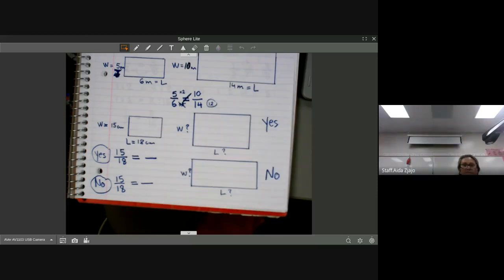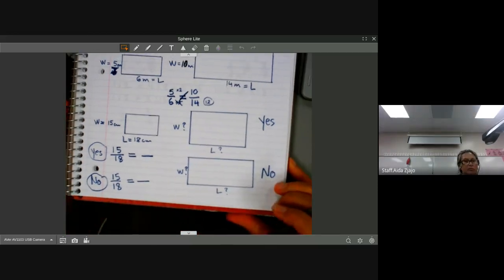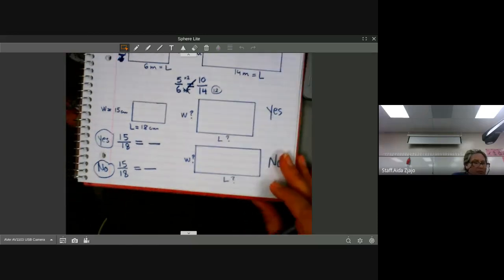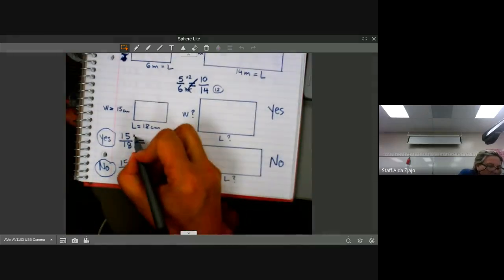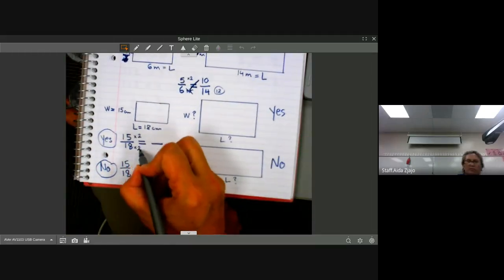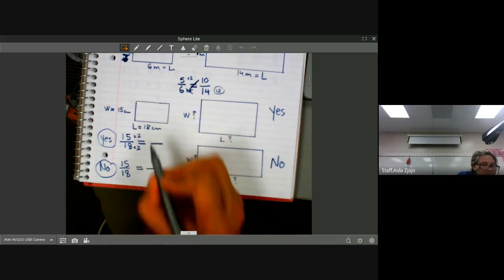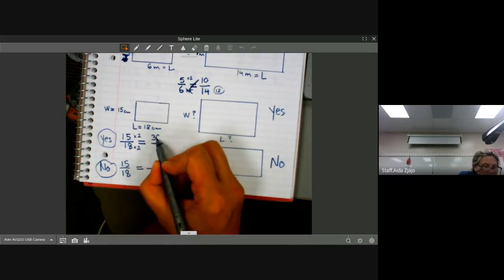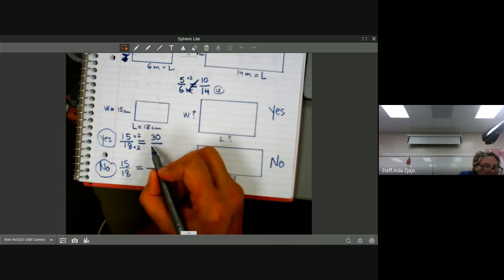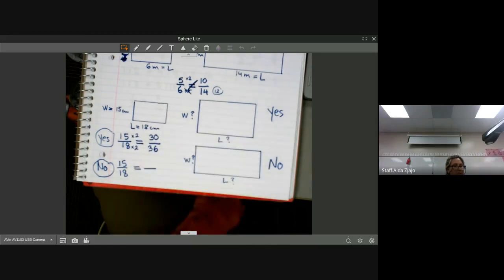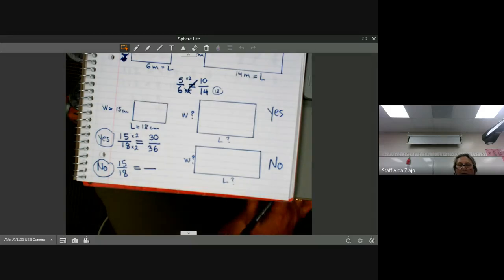If you would like to have a similar one, you can just find out what 15 times 2 is and 18 times 2 is, and then it'll work. That would be 30 and 36. And 36, correct? Yes. Good. Bravo. Excellent.